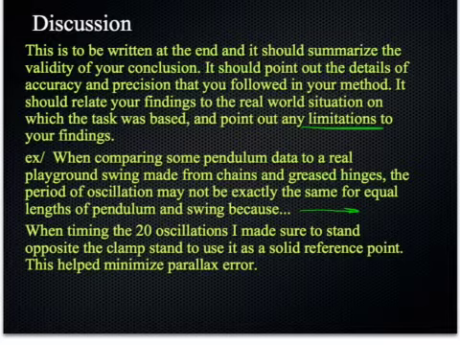You might also talk about the accuracy of how you made sure things were accurate. So you might have a statement like this: when timing 20 oscillations, I made sure to stand opposite the clamp stand to use it as a solid reference point. This helped minimize parallax error. So this shows that you are arguing that your data and your gathering of data was indeed accurate.